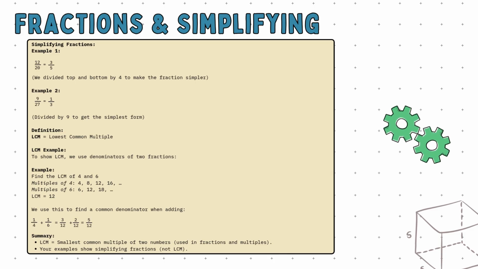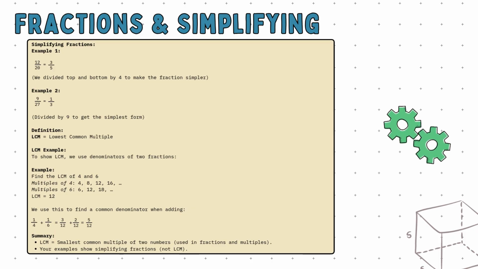Let's use that in our sum. So 1 over 4 plus 1 over 6. Remember, if the denominators are different, we can't add them together. So we change both to have the same denominator, which is 12, as we saw by writing out our multiples. 1 over 4 becomes 3 over 12, because if you times on the top, you have to times on the bottom with the same number every time.